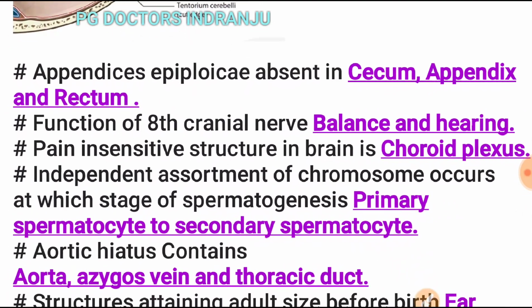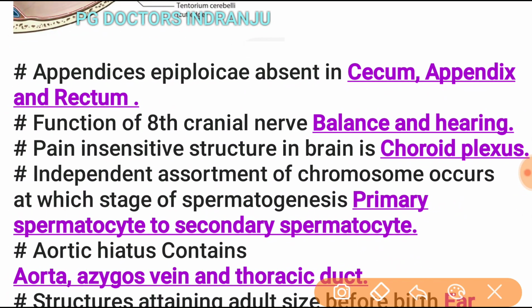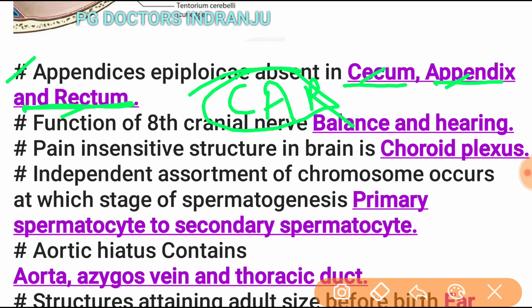Next, an important thing: appendices epiploicae are absent in the cecum, appendix and rectum. The trick to remember is CAR, C-A-R.